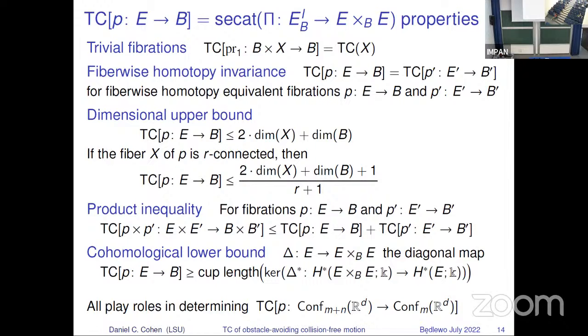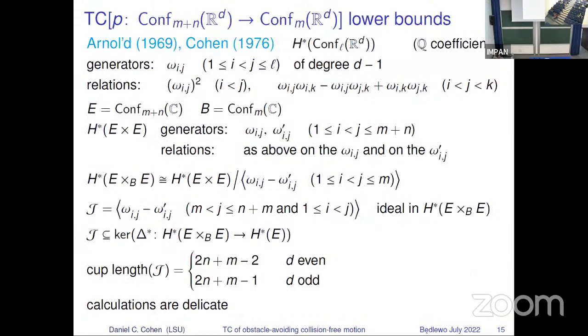Now, the ideal that one needs to study is the kernel of the map induced in cohomology by the diagonal map from E to E cross E over B. And these are all relevant in the proofs of the two theorems that I mentioned. I'll try and show you some tidbits of that.